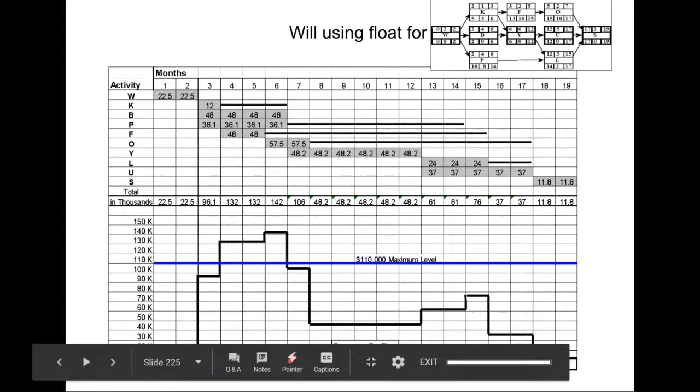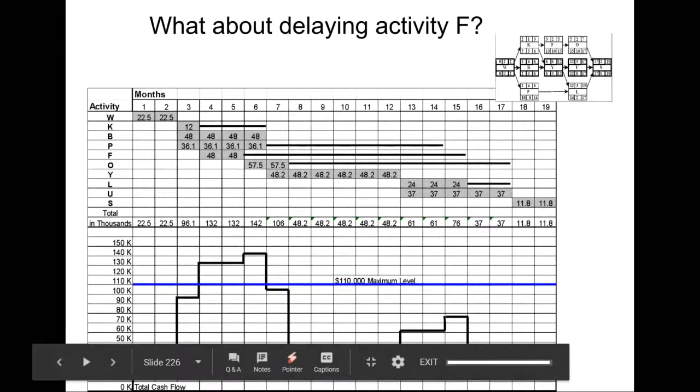So this suggestion to postpone activity P seems like a plausible option. So we have got some float available here.